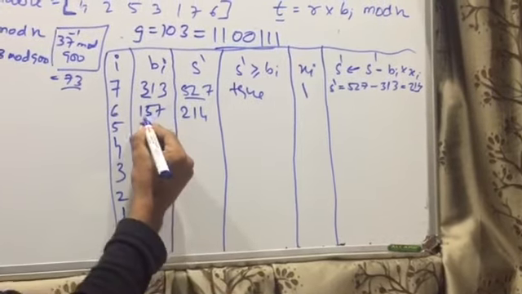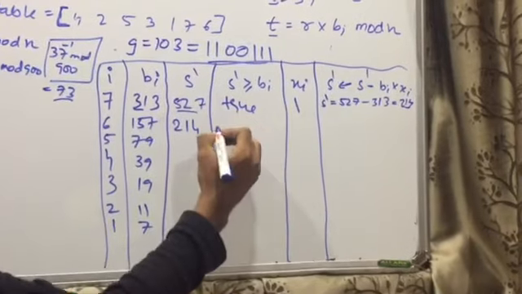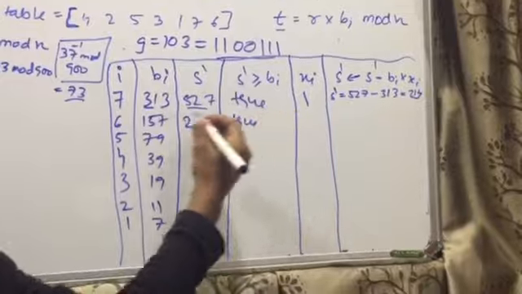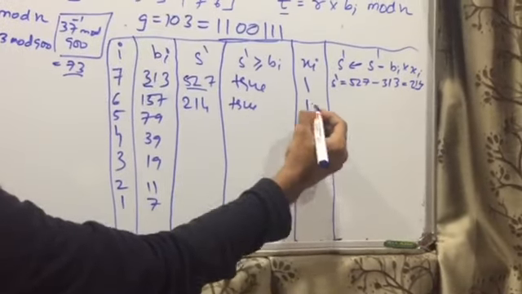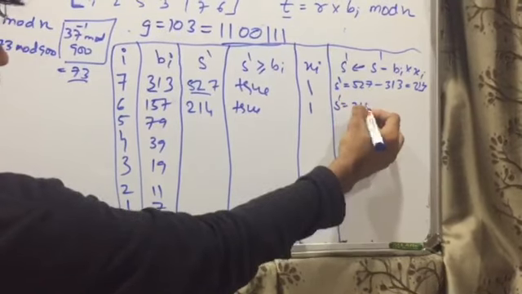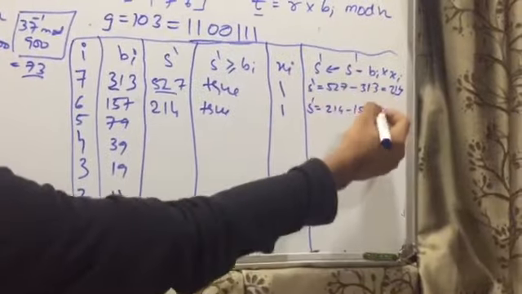So in this one, 157, you have to check this again. I guess it's true because you can see that 214 is greater than 157. So you have to write 1 over here, and S dash is 214 minus 157 into XI, which is 1.